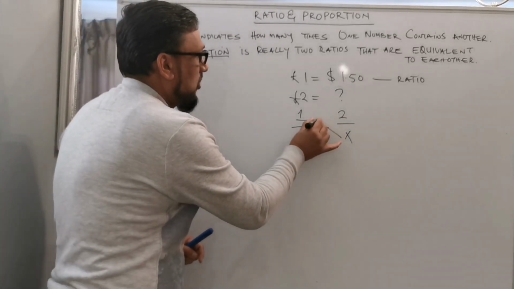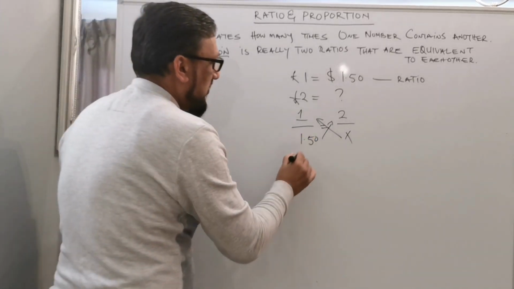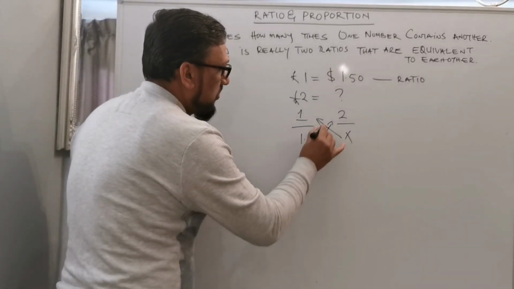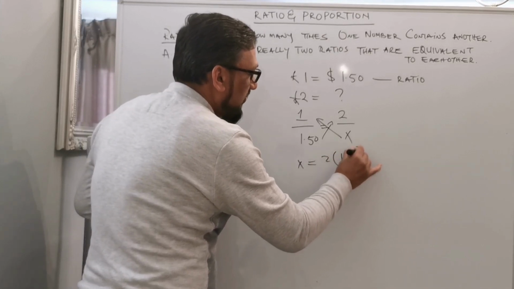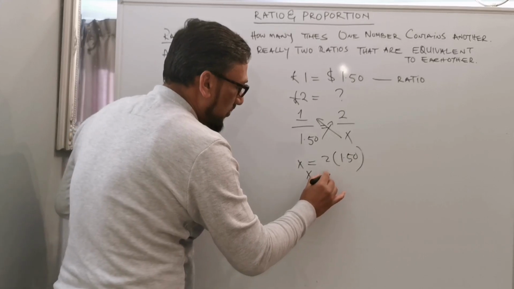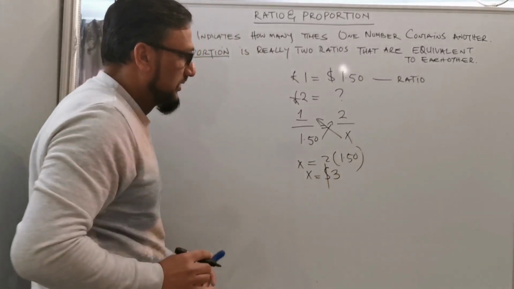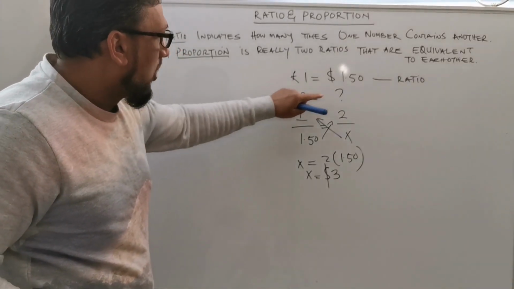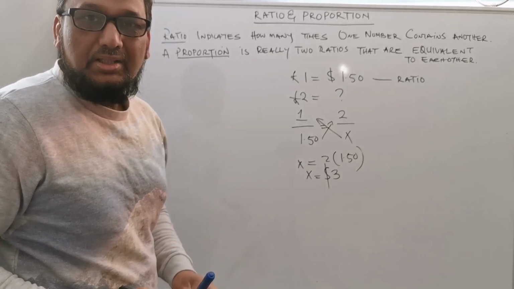We need to cross multiply, so X equals 2 times 150, so X equals $300. So 2 pounds equals $300.